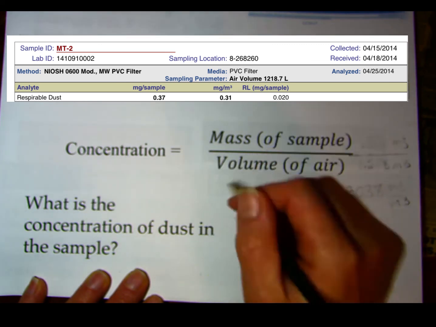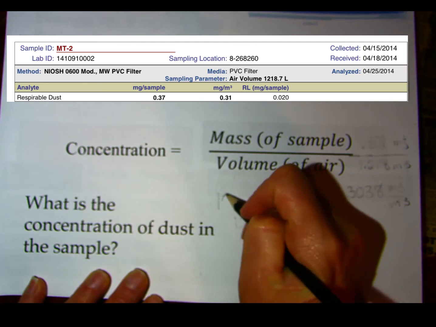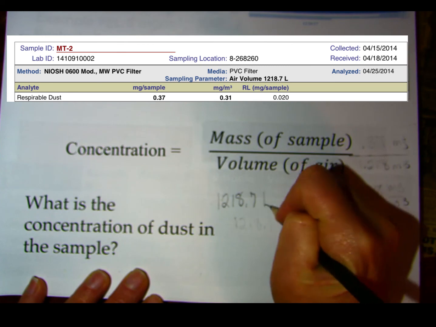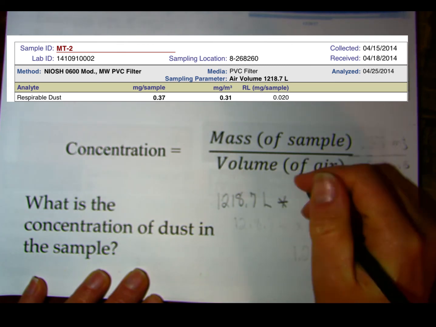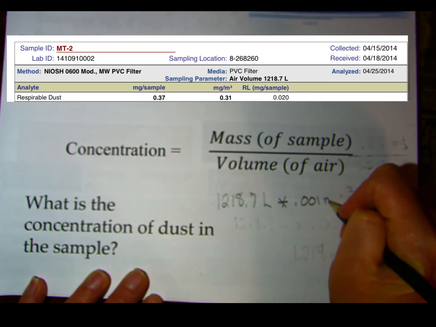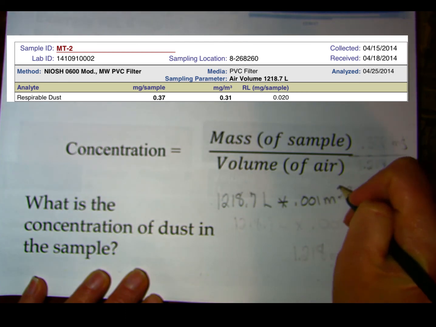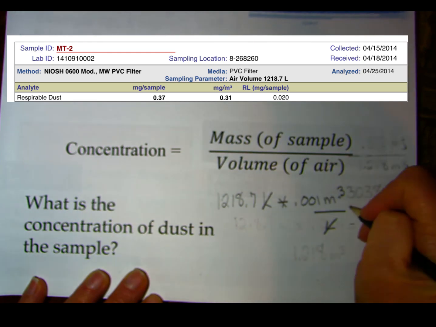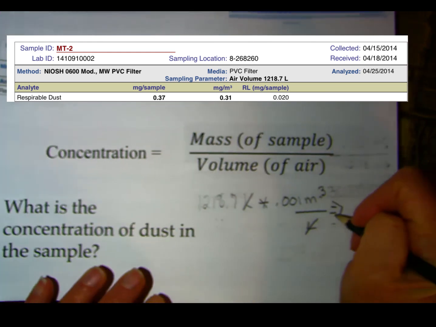So it looks like we drew liters, and I'm going to multiply this by 0.001 meters cubed per liter, and our liters will cancel out.